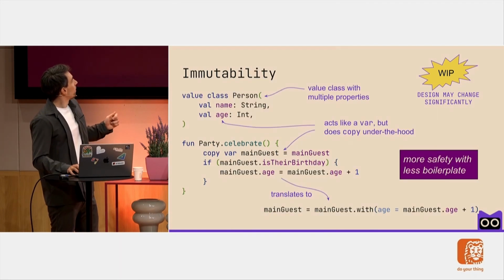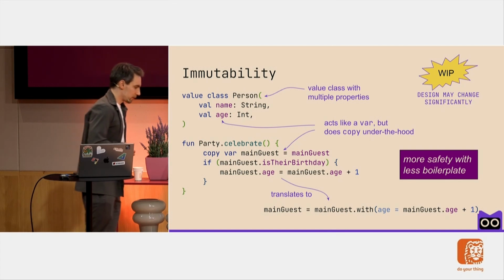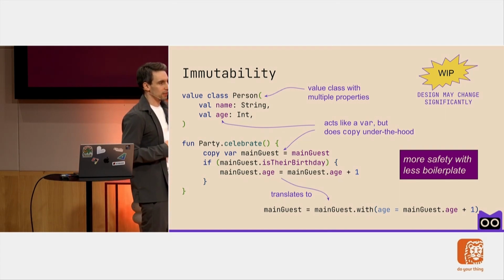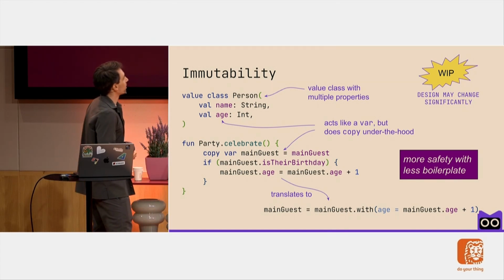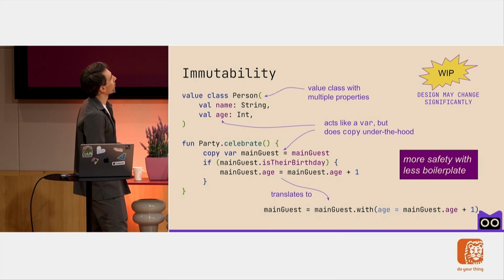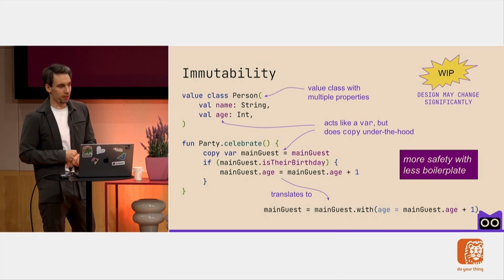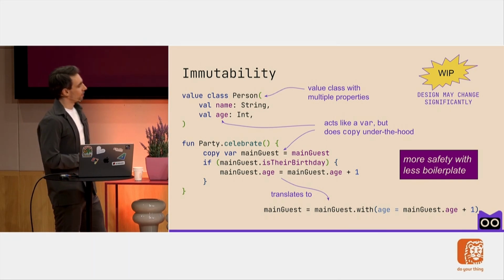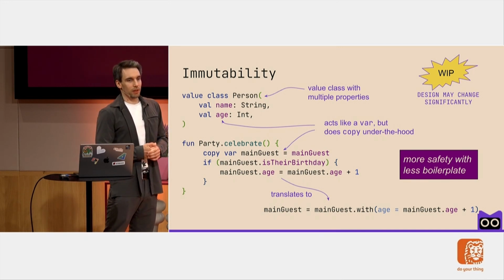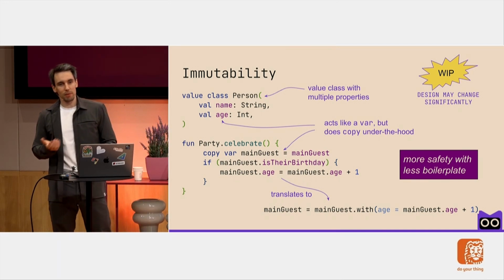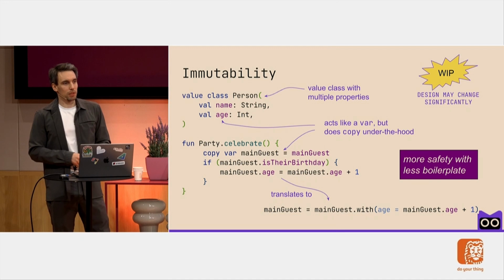The next thing is also about type safety, which is again a long-standing issue in Kotlin, and which is about immutability. Today in Kotlin we can have value classes but they can have only one parameter, which are specifically optimized.